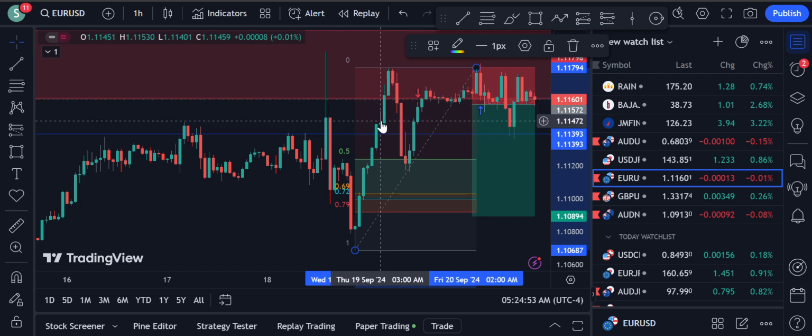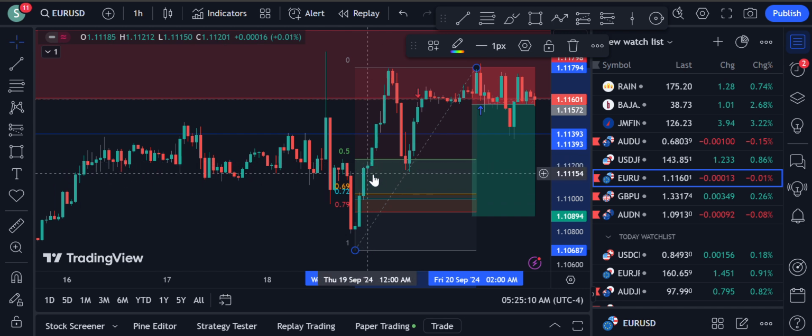So we could have taken it, but it was a low probability trade, and as a trader we don't trade low probability trades. So we could have taken this, which is below the 0.5 retracement level. That means it's in a discount demand zone.